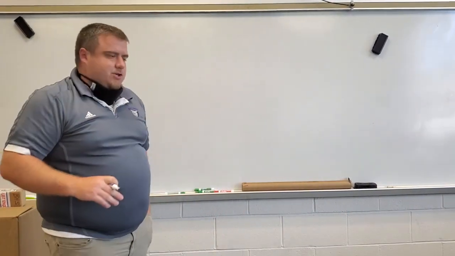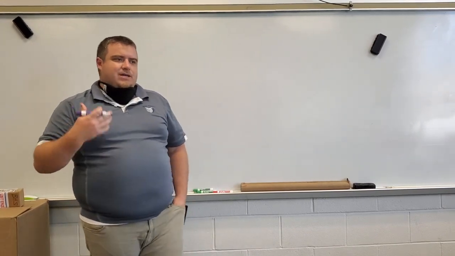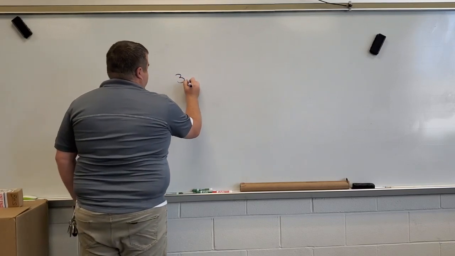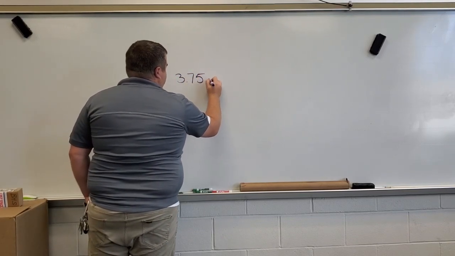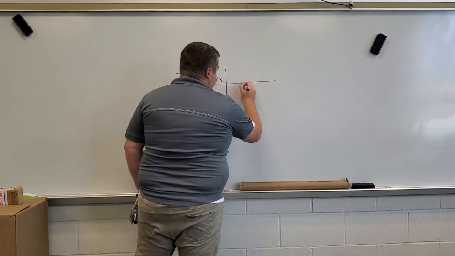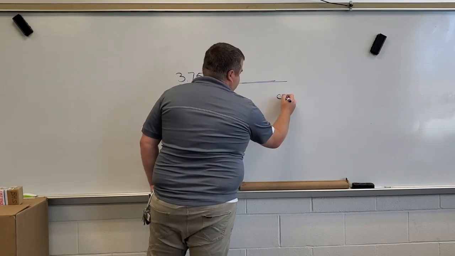Now I'll go ahead and show you the way that is slightly different than what I prefer, but which will give you the exact same answer. So we start with our same value, 3.75 centimeters. We set up our grid the same way. Our units go in the same place.